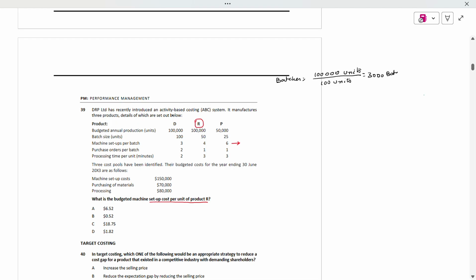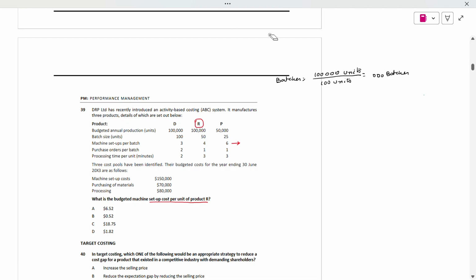Okay, 3,000 batches? How will we get 3,000 batches, dear?